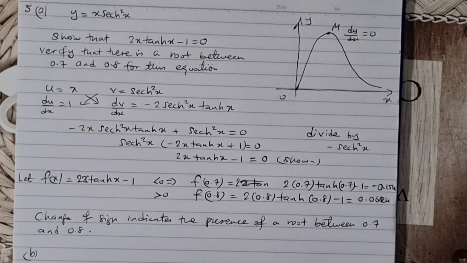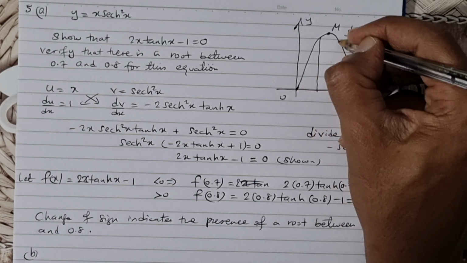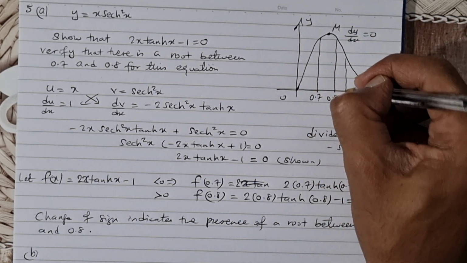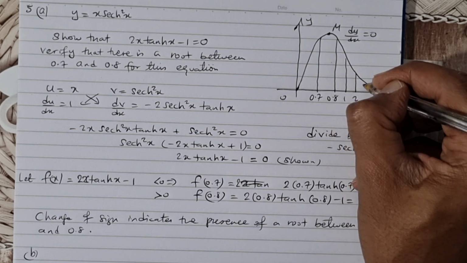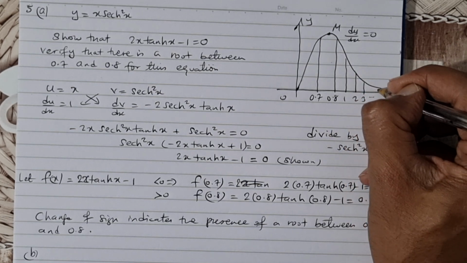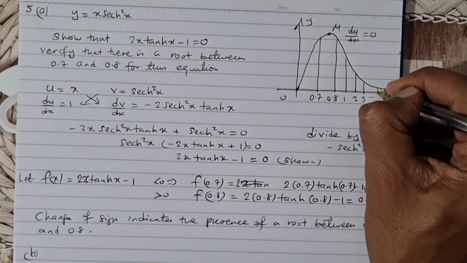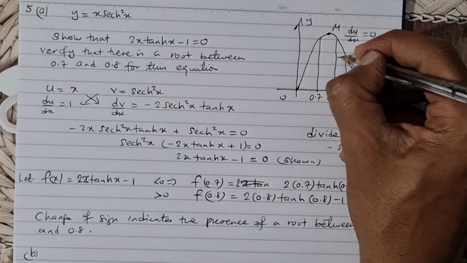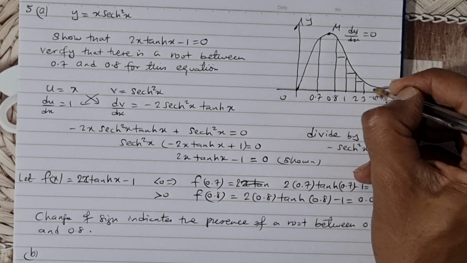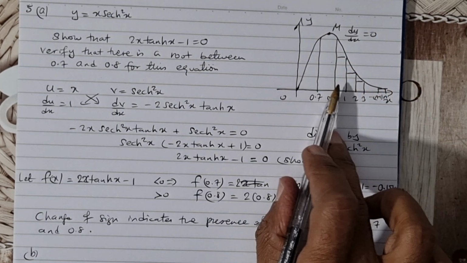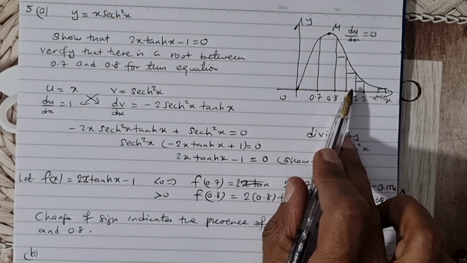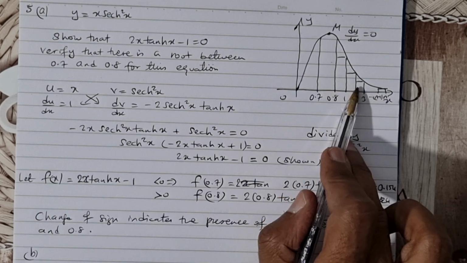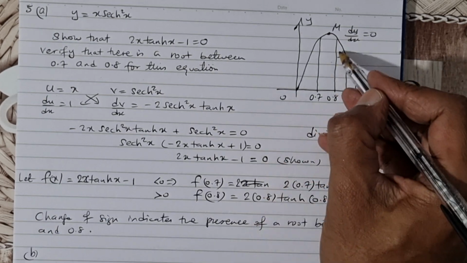For the second part, we need to show that the sum, let me just draw a few rectangles here. If I look at these rectangles, the sum of the areas of these rectangles is less than the area under the curve itself.